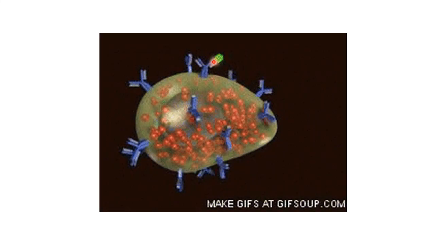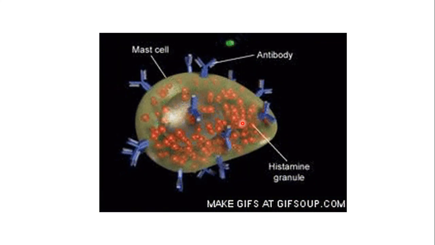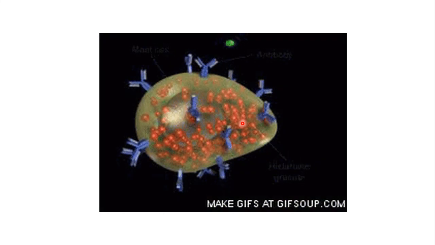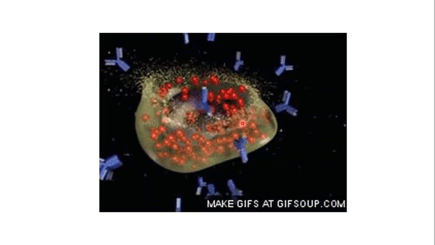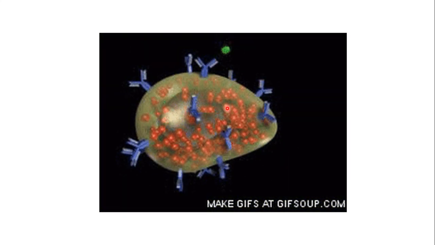Now these IgE antibodies are docked onto surface receptors present on the mast cell, which are now able to respond when re-exposed to the same antigen. The individual is now sensitized to the antigen or allergen.